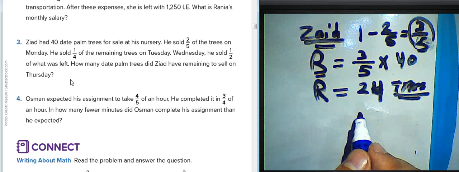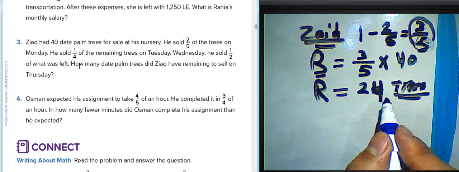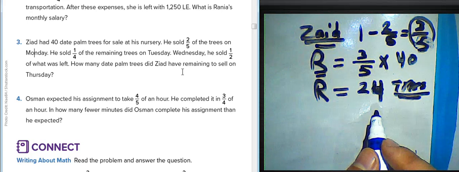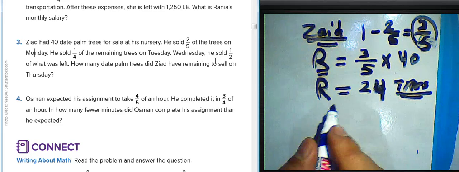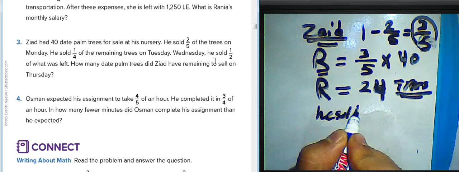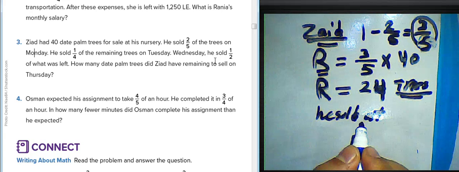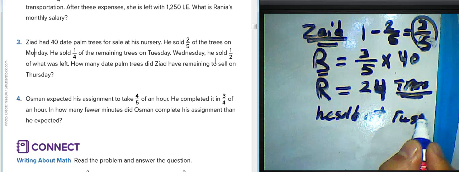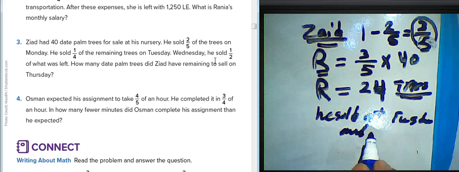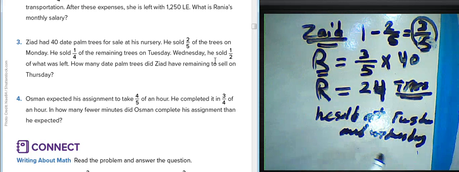He tells us he sold 4 of the remaining trees on Tuesday, and Wednesday he sold half of what was left. So we can find the number of trees he sold. He sold at Tuesday and Wednesday 4 and half.